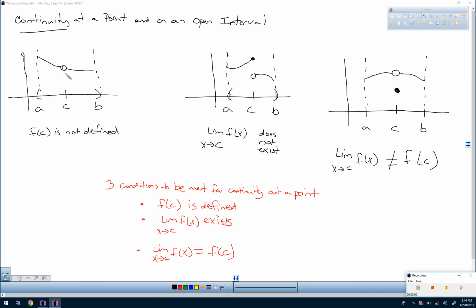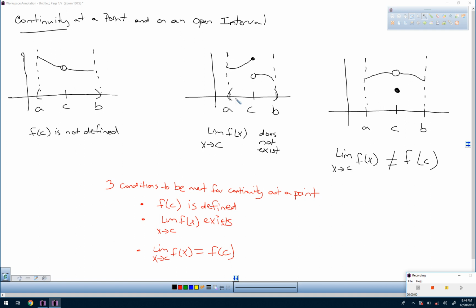Obviously, you can see there's a hole right there in the function. Specifically, the reason why it's not continuous is because f of c, in other words, the function value of c, is not defined. There's a hole there. So this is an example of something that's discontinuous, where f of c is not defined.